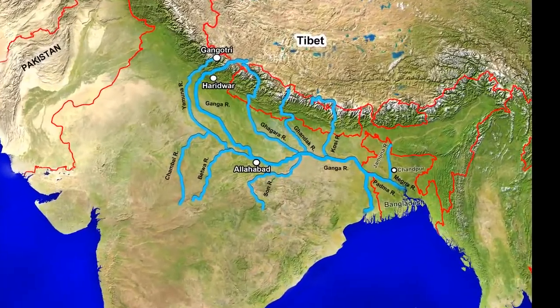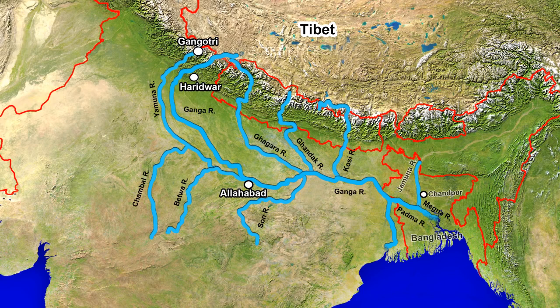The Ganga. The Ganga originates at the Gangotri Glacier. Its left bank tributaries are Yamuna, Ghagra, Gandak, Kosi, Chambal, Betwa, and Son.